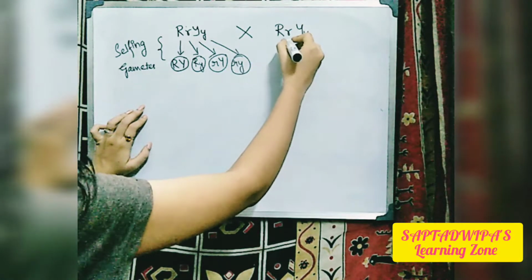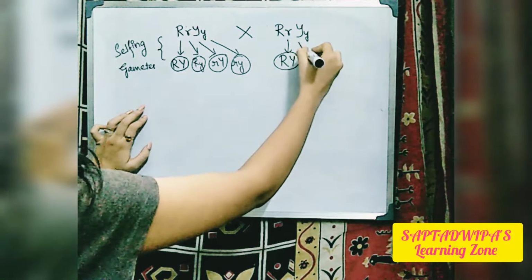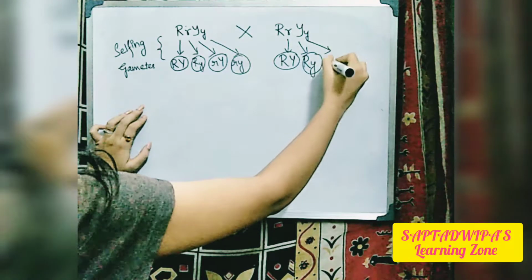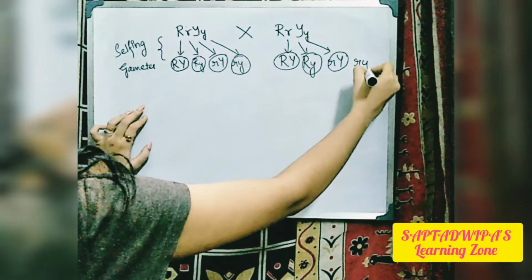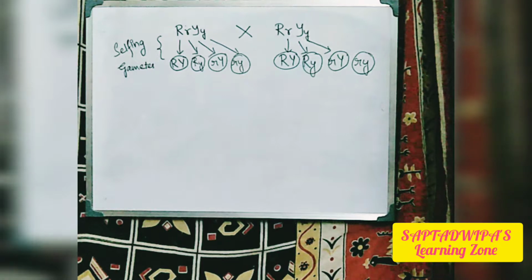Here also the same: capital R, capital Y, capital R, small y, then small r, capital Y, and small r, small y. So all the contrasting and all of that we have done.